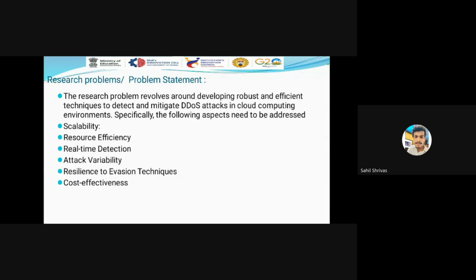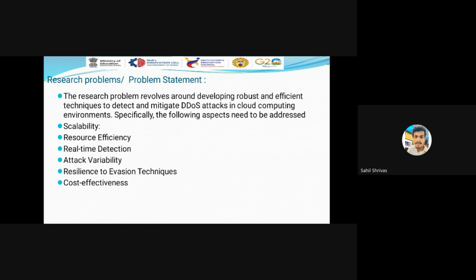Research problem statement. The research problem revolves around developing robust and efficient techniques to detect and mitigate DDoS attacks in cloud computing environments. Especially, the following aspects need to be addressed. First, scalability.